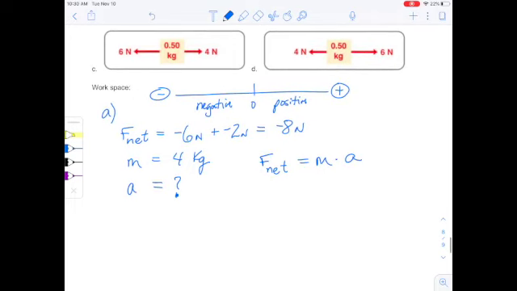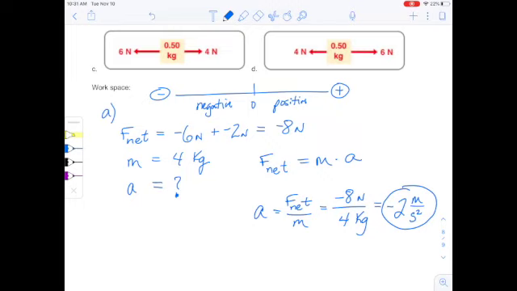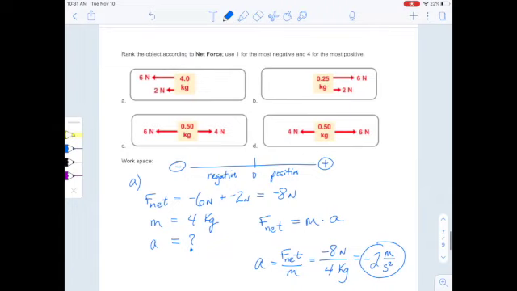If we solve for a and rearrange the equation, we get F net over mass. So I have -8 newtons over 4 kilograms. 8 divided by 4 is 2, and we have a negative there. My unit for acceleration is meters per second squared. So I have an acceleration of -2 meters per second squared. And that was for A.